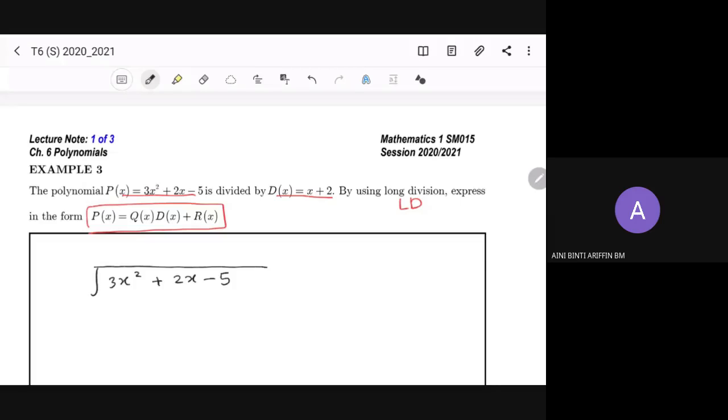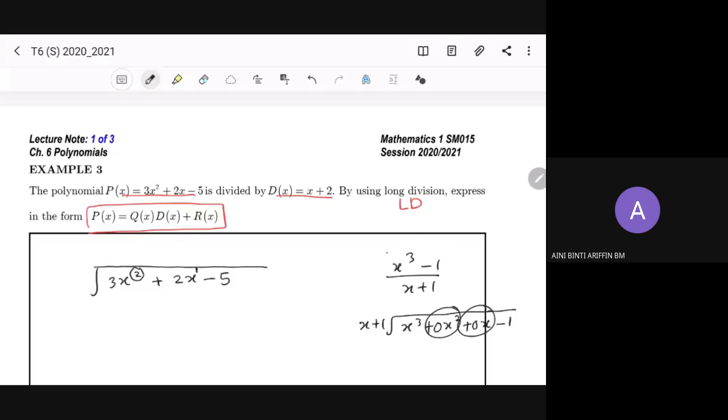The polynomial here needs to be written in descending power of x. There must be a place for each: first the power 2 place, then the power 1 place, then the constant place, x to the power 0. It must be arranged in order. Let's say you have x cubed minus 1 divided by x plus 1. Then you must write x cubed plus 0x squared plus 0x and then minus 1. Each place must be there. Where there is none, we put 0. Okay.